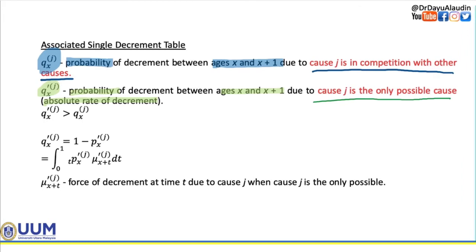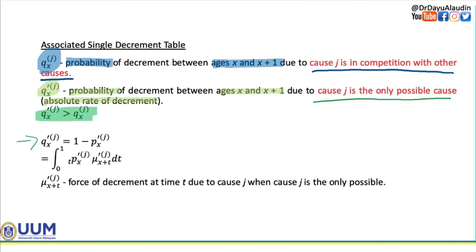So basically, q_x^(j)' is greater than q_x^(j) because we have only one cause. We can also write this in terms of p_x, where q_x^(j)' is equal to 1 minus p_x^(j)'. And to find q_x^(j)', we integrate the PDF.